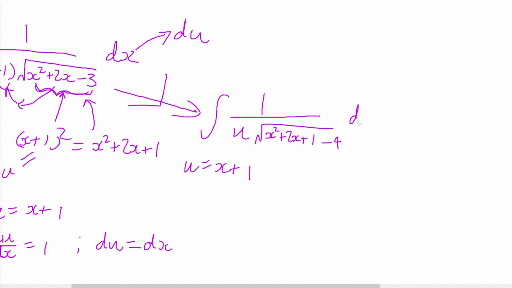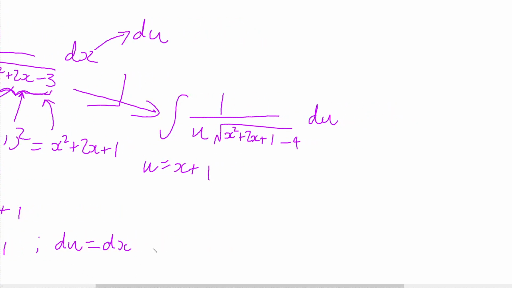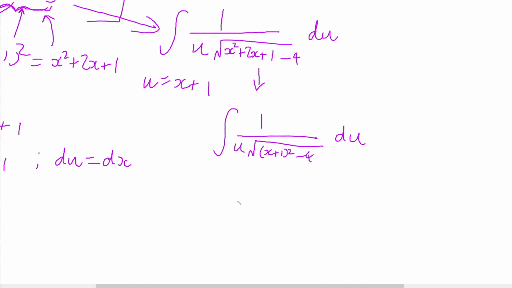And then this is du, because I've shown down here that du by dx is 1. This x squared plus 2x plus 1, as I mentioned, is equal to the square of x plus 1, so you get 1 over u times the square root of x plus 1 squared minus 4 du, and of course, taking the substitution we make, this becomes 1 over u times the square root of u squared minus 4, integrated with respect to u. So where do we go from here?